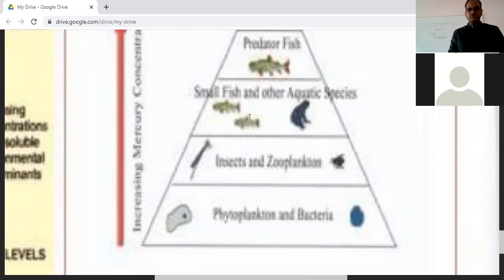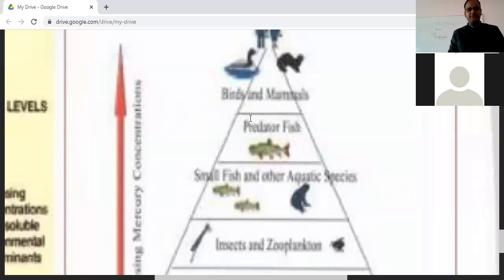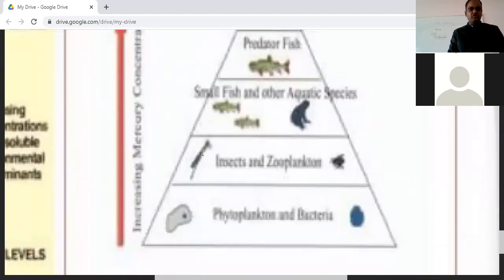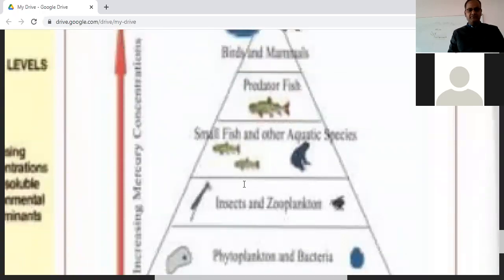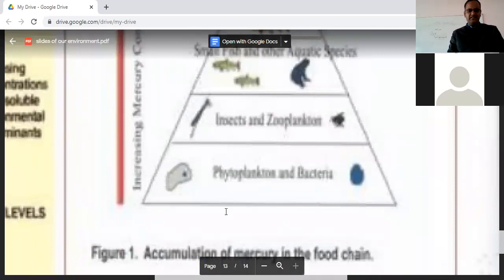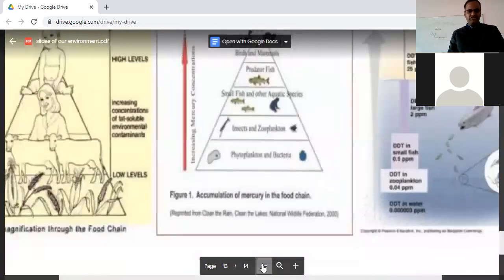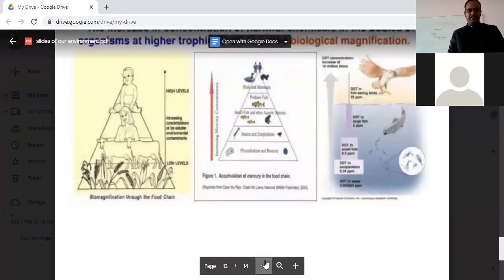They are consumed by a small fish, and then the large fishes, and even at the top level the mammals are also there. So along the successive trophic levels it goes on increasing. So this is another example of biomagnification, of how the mercury level in the food chain is increasing.